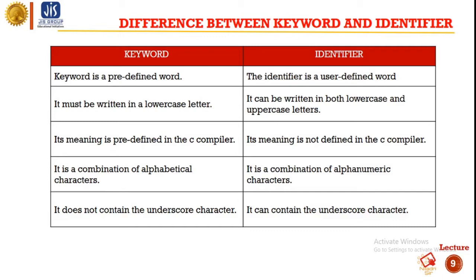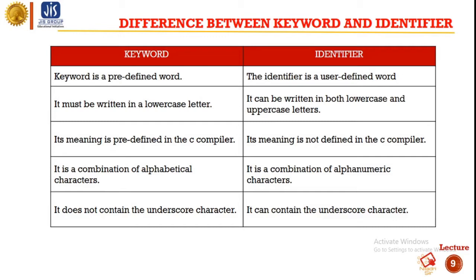There is no such rule where it must be in either lower or upper; it can be both. The keyword's meaning is already predefined in the C compiler, but the meaning of an identifier is not defined in the C compiler.